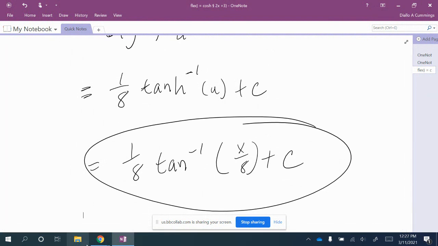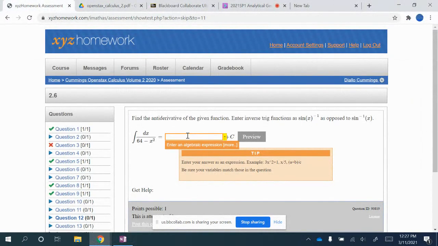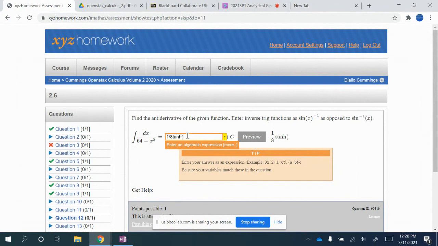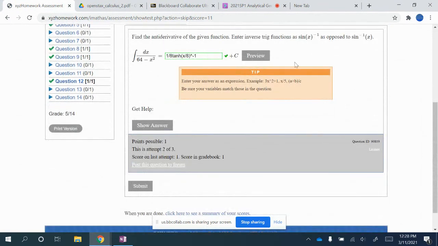So we have 1/8 times the inverse. And notice I put my inverse symbol outside of my hyperbolic function.